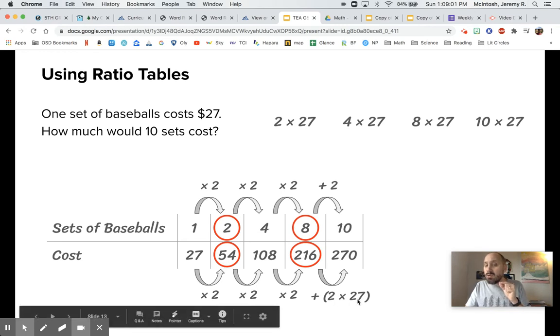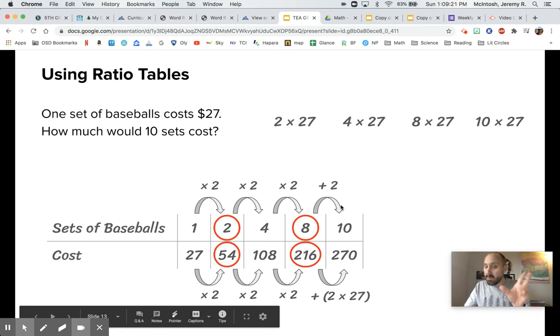We're adding 2 sets of 27 baseballs, which is 54. So we're not just adding 2, we're adding the cost of the baseballs. One set of baseballs costs $27, but we're adding 2 sets, which is $54.